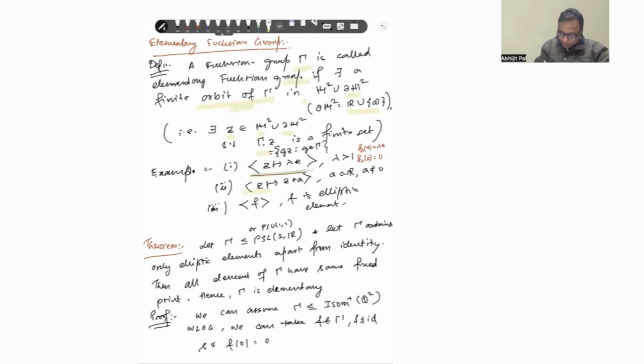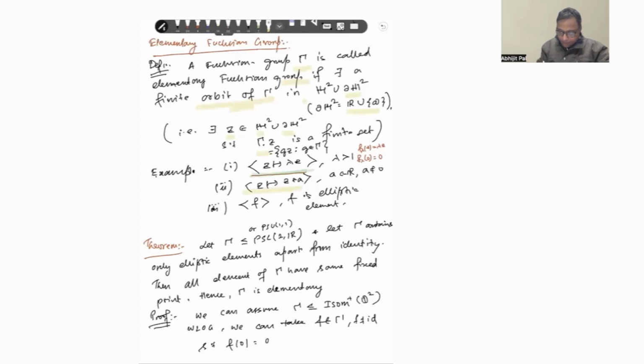The next example is in the same way. If I take the parabolic isometry Z goes to Z plus A, this will fix the point infinity. Any element of this group will be of the form Z goes to Z plus na, and again that will fix infinity. So the orbit of infinity is just the singleton set infinity. Therefore, this is again an elementary Fuchsian group.